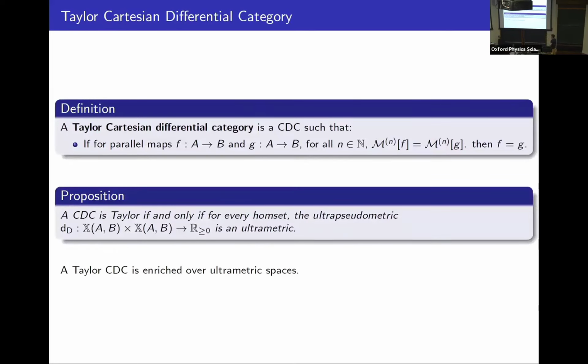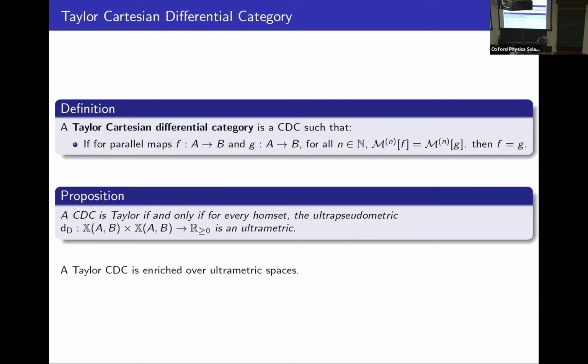As I said in the intro slides, a Taylor Cartesian differential category is one where for every parallel pair of maps f and g, if all Taylor monomials of these maps are equal to each other, then f equals g. In this case, a CDC is Taylor if and only if d is an ultrametric.